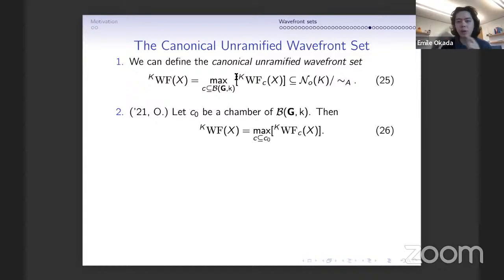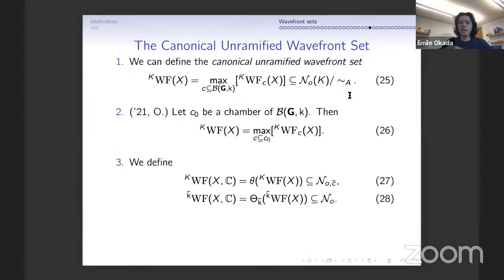So this sorts out both issues mentioned earlier, describing unramified orbits and the partial ordering. And there's this additional result from my preprint, which says you can also compute this invariant by just restricting to a single chamber of the building. So a priori, this maximum is over infinitely many facets, but you can just restrict to the facets of a single simplex, if you will, and you can compute it in this way.